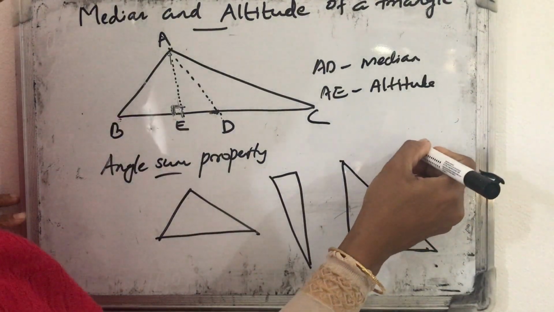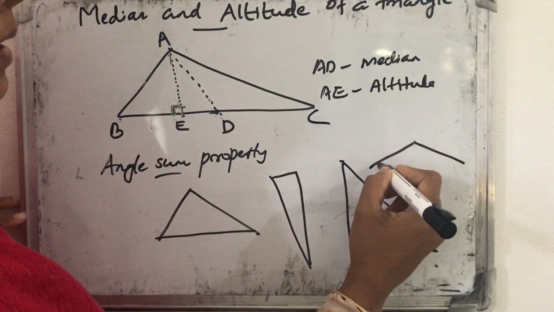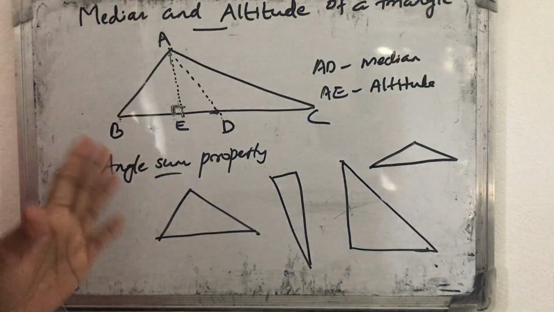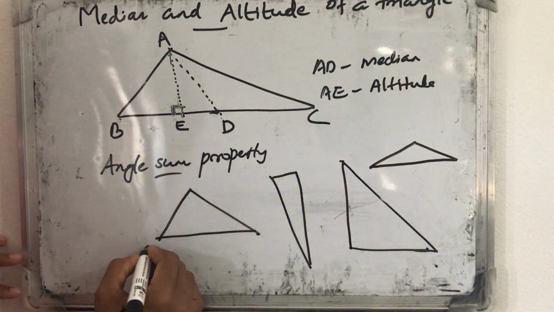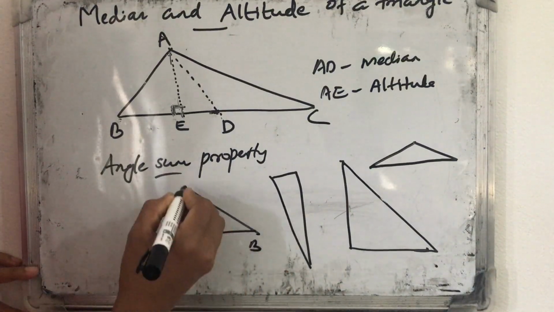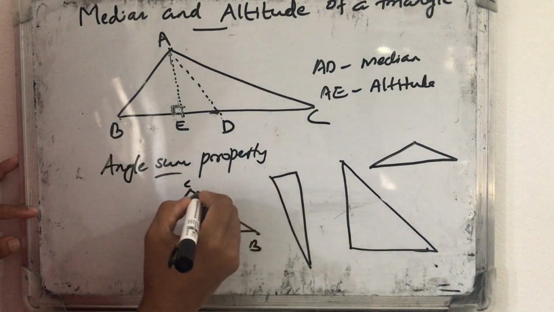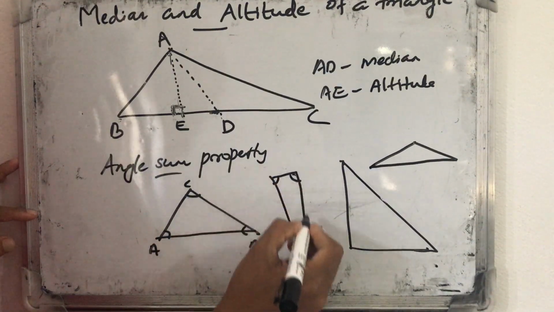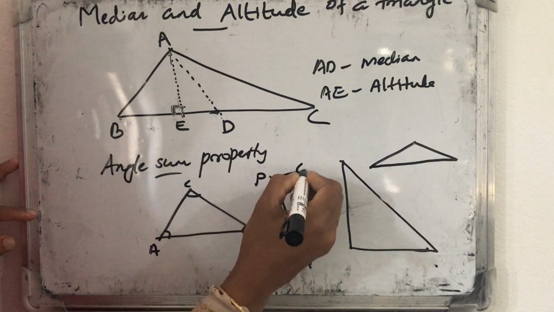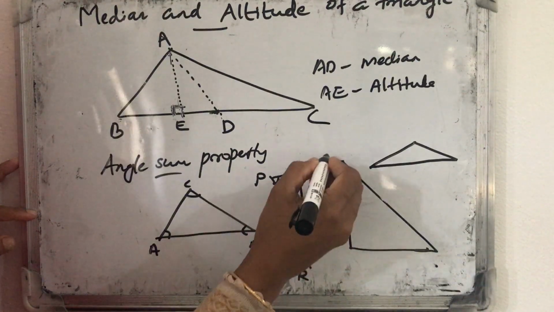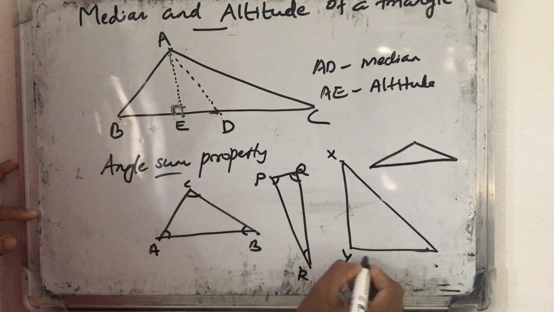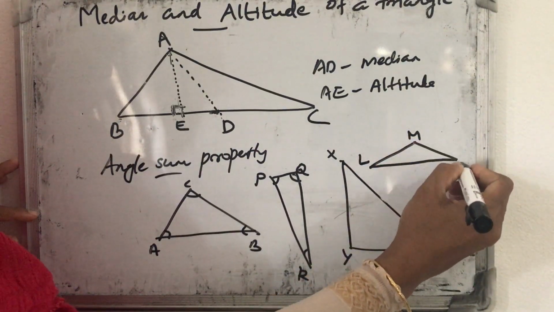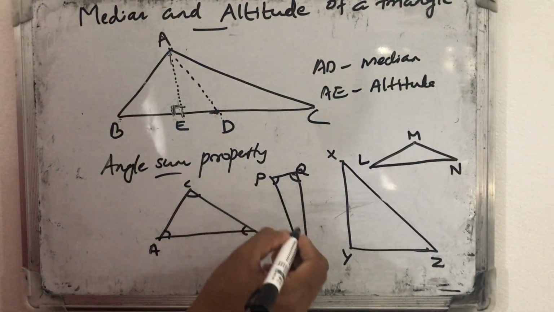Now, any type of triangle when we take, we know all triangles have 3 vertices, and there will be 3 angles in any case. If the name of this triangle is PQR, and suppose this is XYZ, and this triangle is LMN.